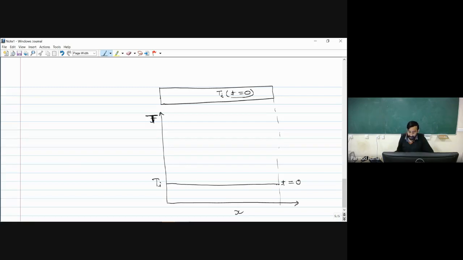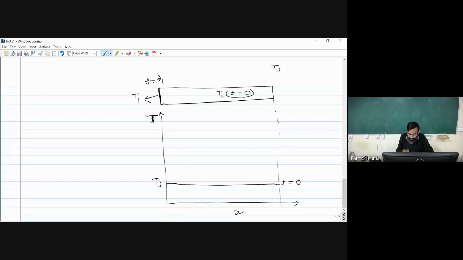Now let us consider that at some time t equal to t1, one face of this rod, say the left face, I have subjected to some temperature T1. So this is kind of an impulsive condition I have given. Initially my temperature was Ti over the entire rod.